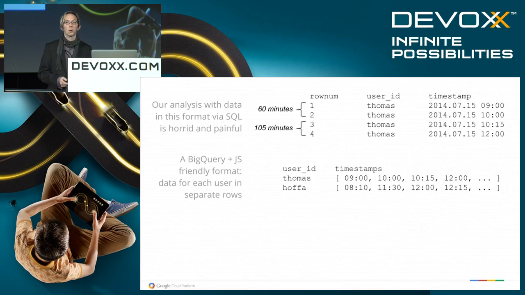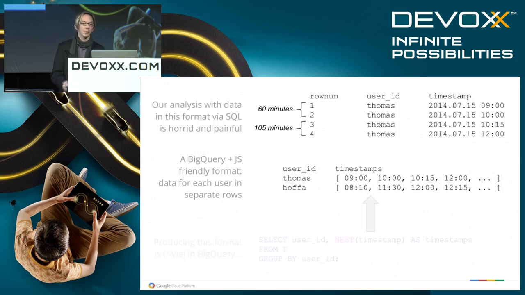It just so happens that BigQuery has the ability to do exactly this. We can look at data across rows and collect it into a format like I'm showing here. This makes it much, much easier to deal with in a programmatic fashion, maybe not necessarily in raw SQL, but with this kind of format, we can iterate over the values in the array and compute the total time that we're looking for.